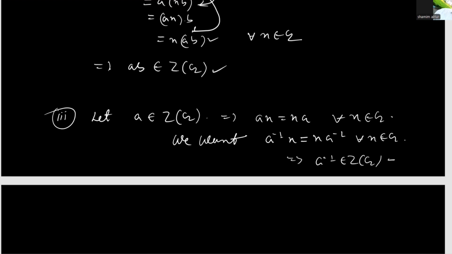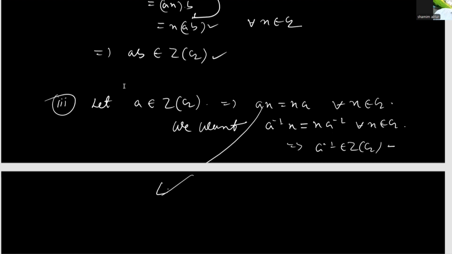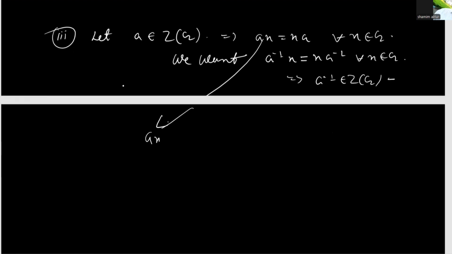Okay, so now from here ax = xa for all x belonging to G. Okay, now applying a inverse on both sides, a inverse ax equals a inverse xa, and this is a inverse.